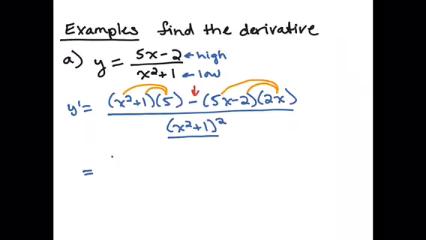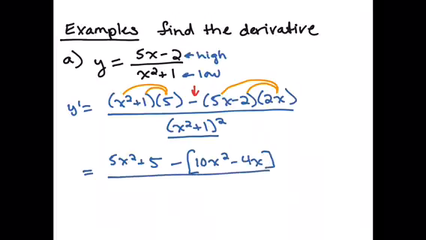So when I distribute the 5, I get 5x squared plus 5. Then I get minus 2x times 5x, which is 10x squared, minus 4x, over low squared.